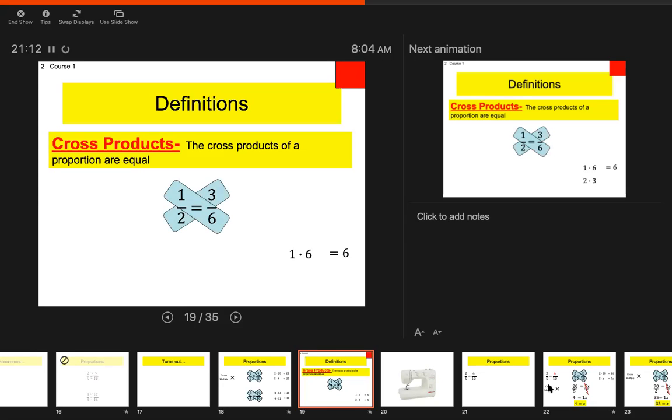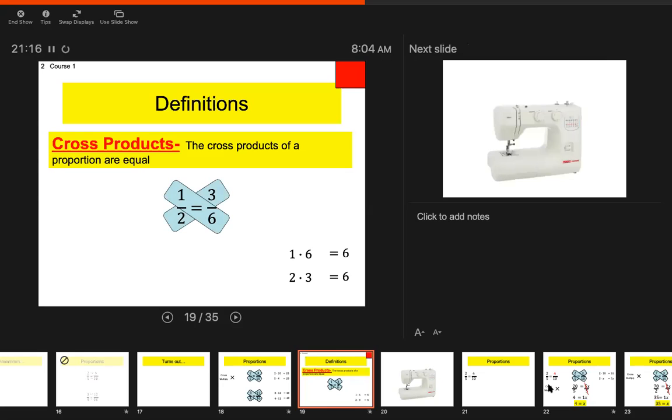This will always work, but do not confuse this with cross reduction. Cross reduction is when you have 2 fractions that are being multiplied together. Cross products. You see the X? When I say cross multiply, multiply is that symbol. It's the same symbol. Cross products. Questions?